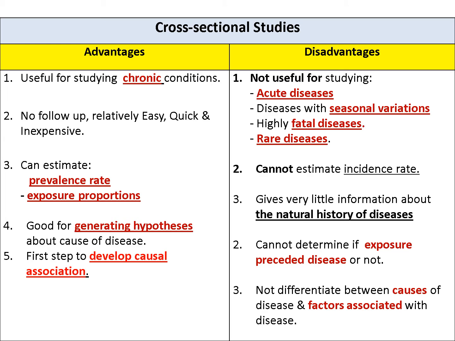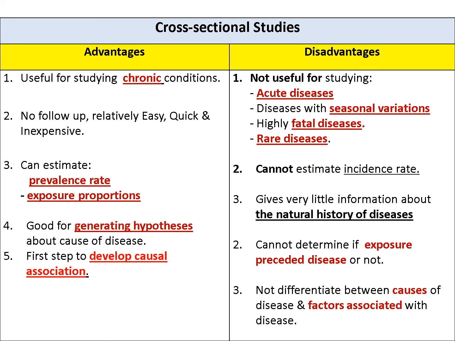The disadvantage is that it can't determine if the exposure precedes the disease or not, as we determine both in one setting. The advantage is that it is a first step to develop a causal association.